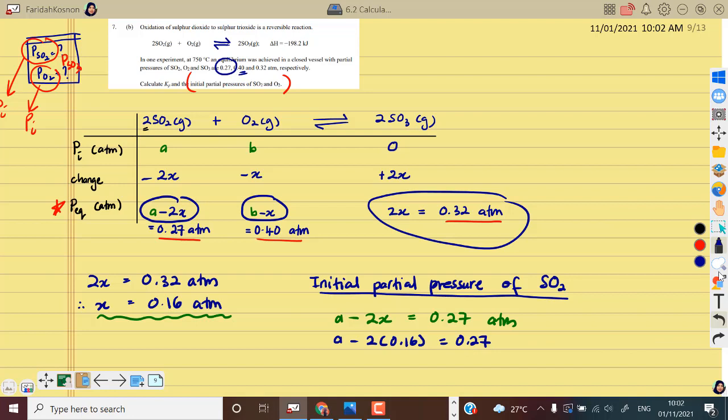Ataupun kita prefer lah masukkan unit terus, atm, equals to 0.27 atm. Jadi selesaikan untuk A. So, you akan dapat initial partial pressure A adalah 0.59 atm. So ini adalah initial partial pressure of sulfur dioxide. Jadi apa yang kita kira ni? Kita kira initial partial pressure. Jadi jawapan akhir mesti ada unit. Tak ada unit, salah.